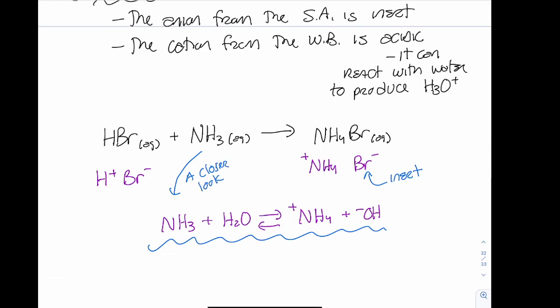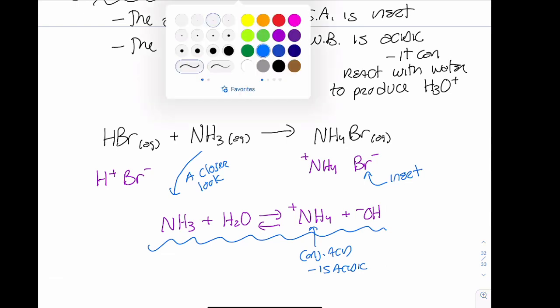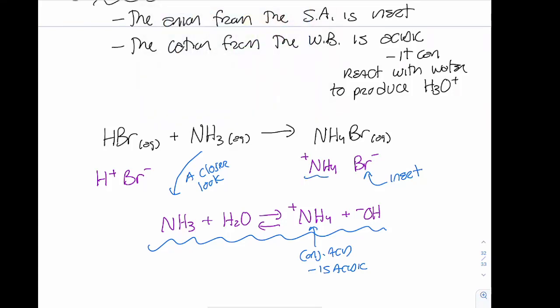That base reacts with water to produce ammonium ions, but then this arrow goes back in the other direction. This conjugate acid is acidic. It can donate that proton back to water. So I have Br minus, which is inert, but I have this, which is acidic.